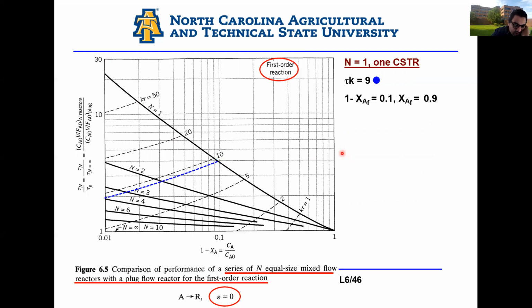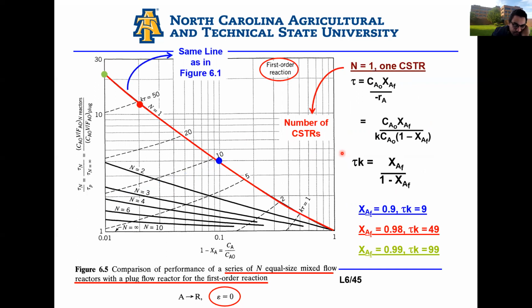Let's go back and just revisit this figure. So this line right here represents 1 CSTR, and I'm increasing the volume of the CSTR, right? So as I move to the left or as I move upwards along this line, I'm increasing the volume of the CSTR.